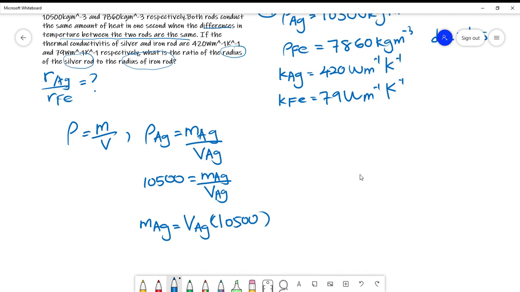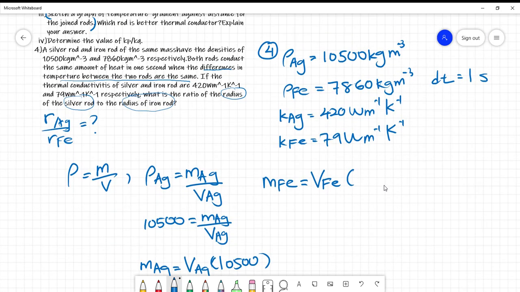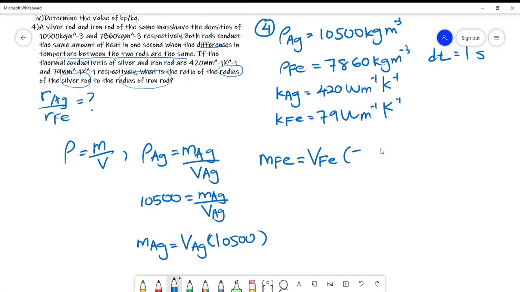The same goes for the mass of iron. The mass of the iron is the volume of the iron times the density of the iron, which is 7860. The question does mention the mass: the mass of the silver rod is equal to the mass of the iron rod.